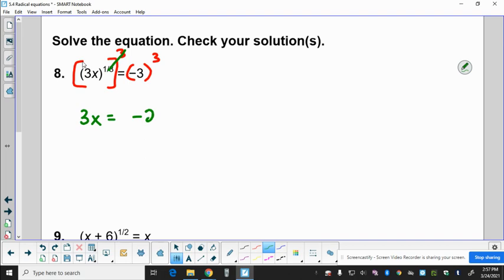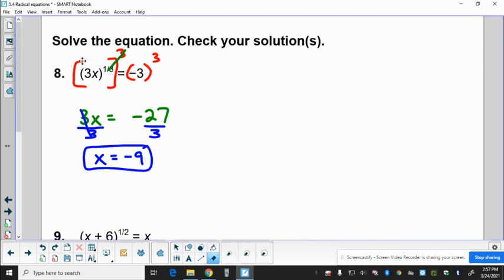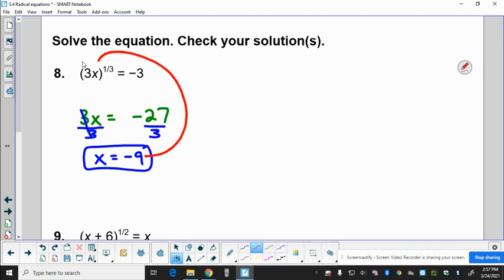That would be a negative 27 when you multiply over there. Divide by 3. Okay, now once again, you got to do a mental check. Does that work up here? So if you put a negative 9 right there, it does work. So that's correct.